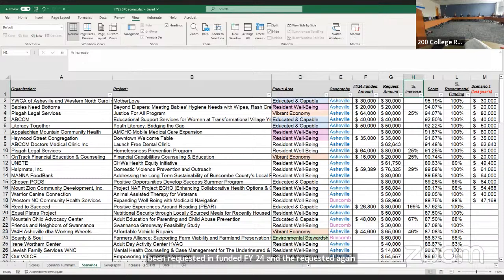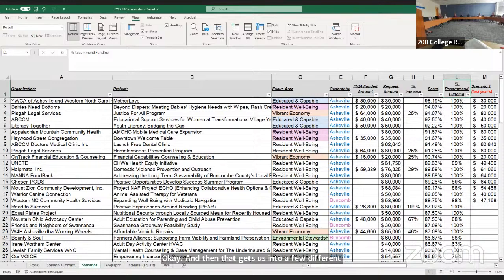The scores that you all provided, and then if you'll remember, when you were going through and evaluating each project, there was an option to say, I would like to recommend this project for funding. So we included the percent of committee members who recommended each project for funding, who said, yes, I would like to recommend this. And then that gets us into a few different scenarios, which we'll go to in a second.